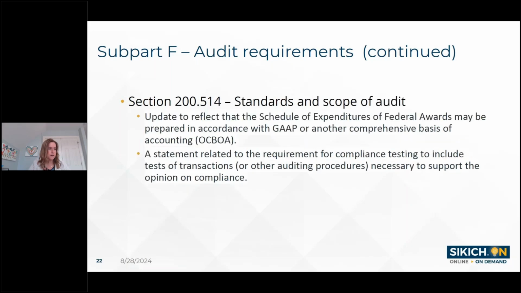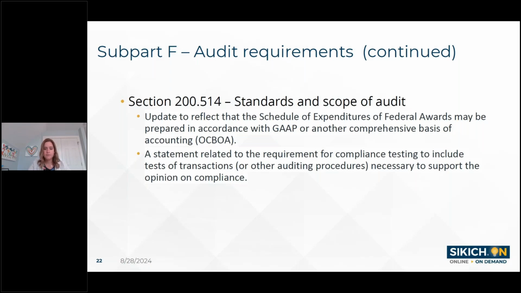Looking at a few more things on audit requirements, standards and scope of the audit. There was an update to reflect that the schedule of expenditures of federal awards may be prepared in accordance with GAAP or another comprehensive basis of accounting. Most times the schedule is provided on the GAAP basis, however, this does allow another basis of reporting.